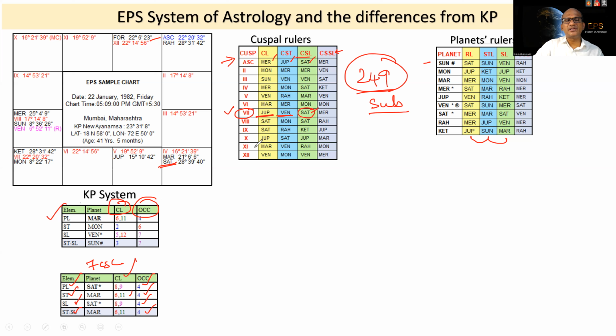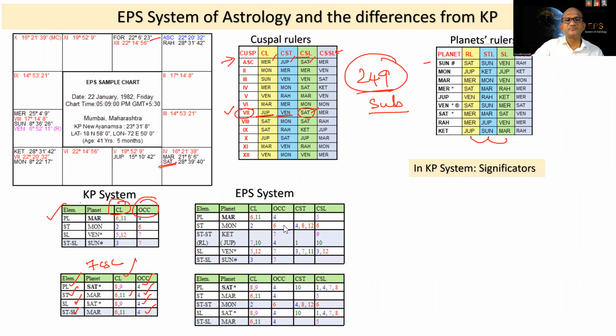For example, if you take the same planets as per our EPS, you can see the EPS here. Some significations are added to these significations of Saturn, 8, 9, and 4. It means you can see CL and OCC remain 8, 9, and 4.